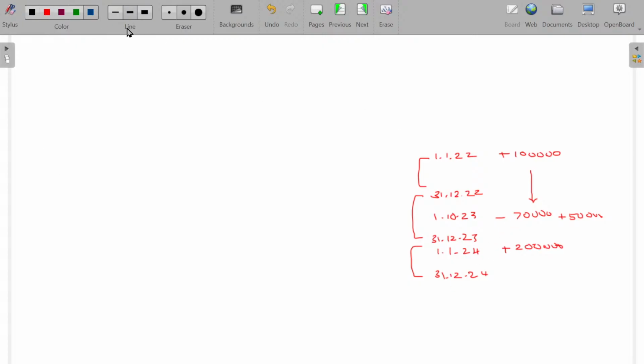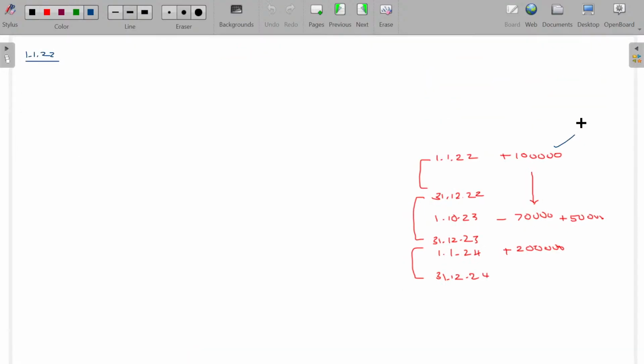We'll start with the first date, 1/1/22. We purchased an asset for rupees 1 lakh. The method of depreciation is SLM, and the rate applicable in this case is 10%.